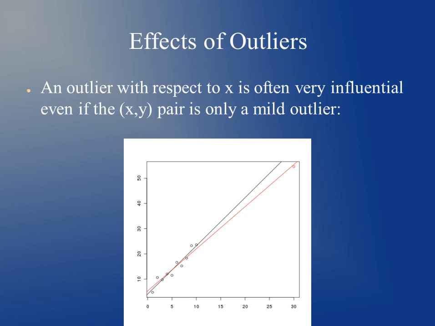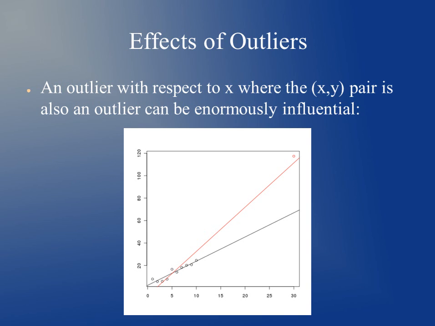On the other hand, if we have an outlier with respect to x, even if it's only a mild outlier, we can see it's not much different than what would be expected off the line for the regression model. But it skews the line a lot by including that outlier point.